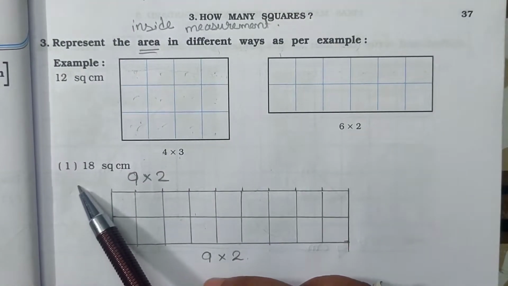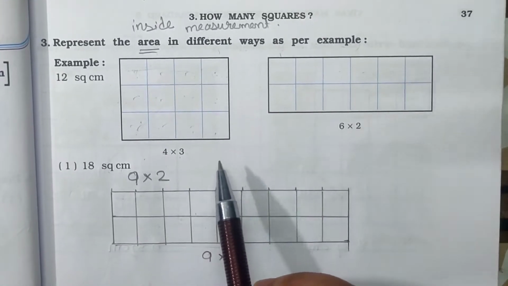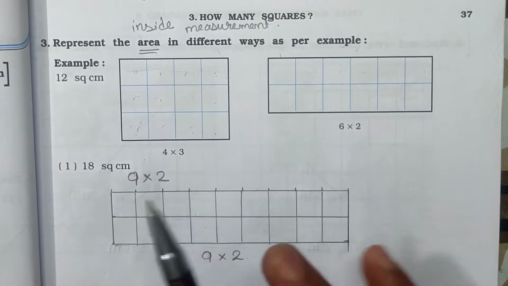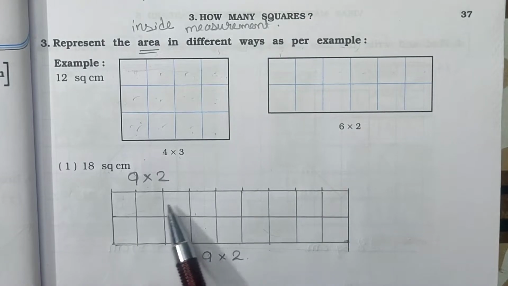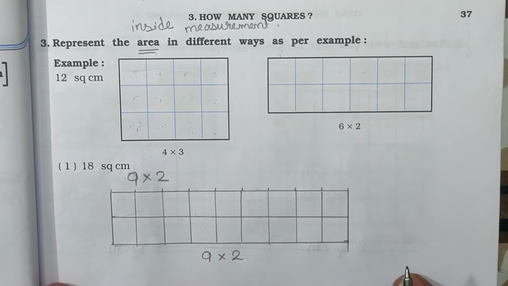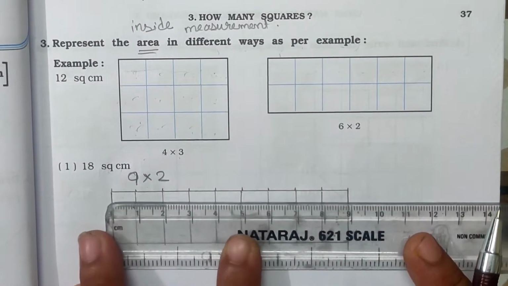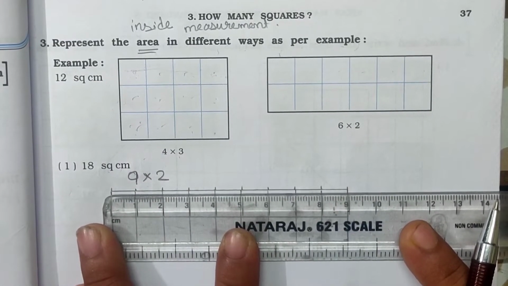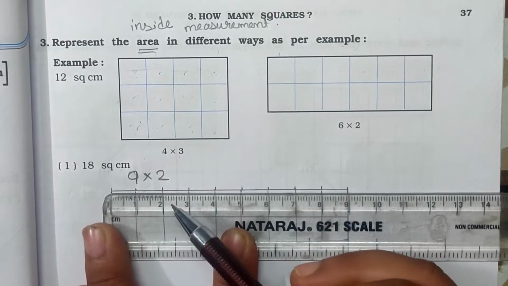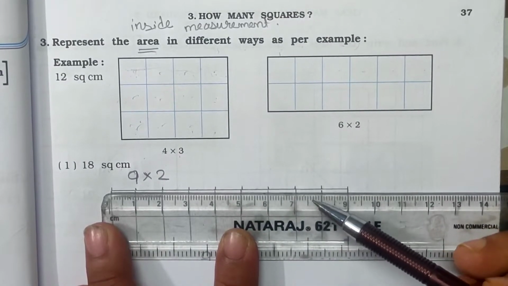Now see the first one, 18 square centimeter. So I have taken here 9 multiplied by 2. 9 2s are 18. Okay, so in this line I have mentioned 9 squares. How I have mentioned? Take a scale. See here, this way you have to take a scale, and it is 1 centimeter squares. 1 2 3 4 5 6 7 8 and 9.